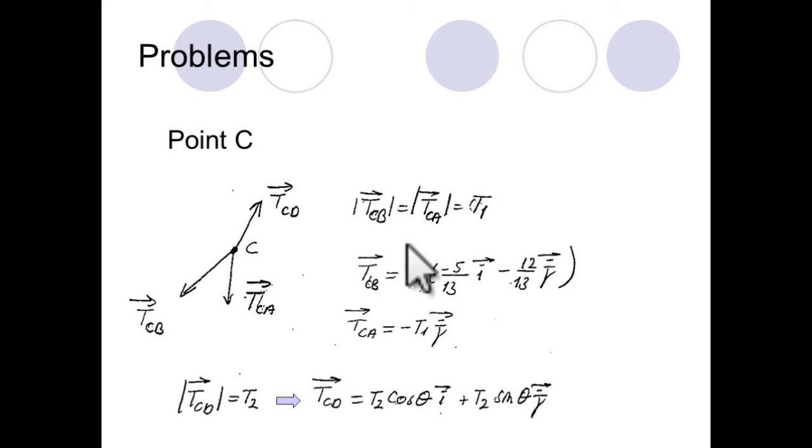Now let's write the forces. We already know the TCA. It is minus T1 j. We can easily say that. Now TCB has to be equal to T1 times minus 5 divided by 13 i, because this is the component in the x direction and it is in the negative x direction.